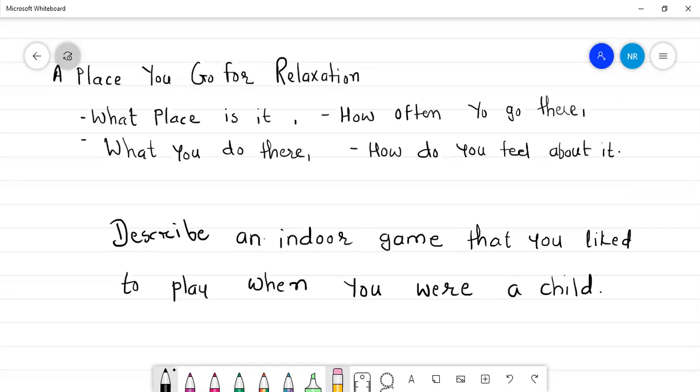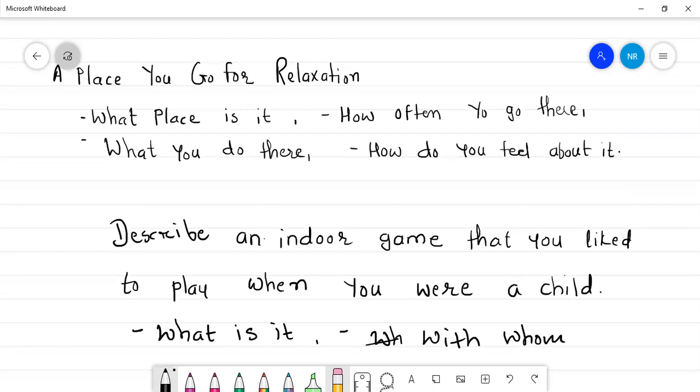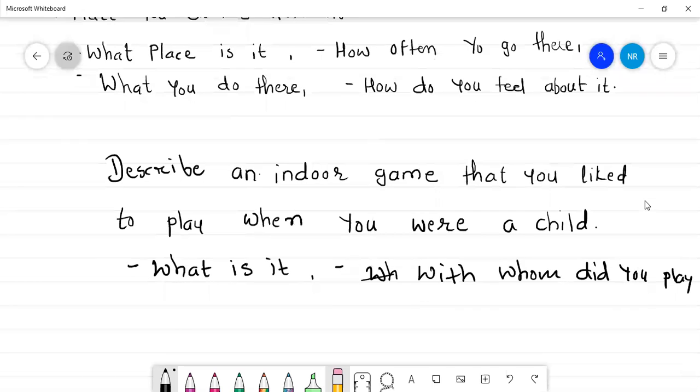Like indoor game, you can include this point in your topic. What is that game? Then you can say, with whom did you play? How often did you play it?